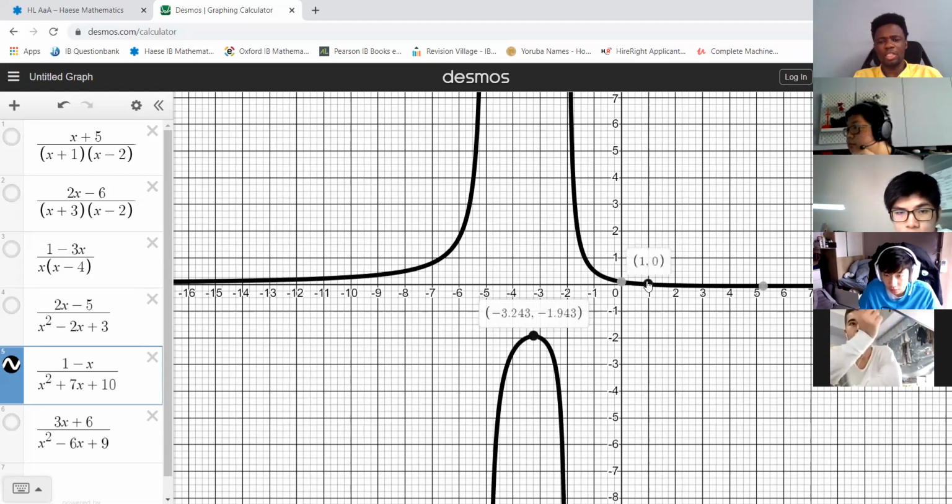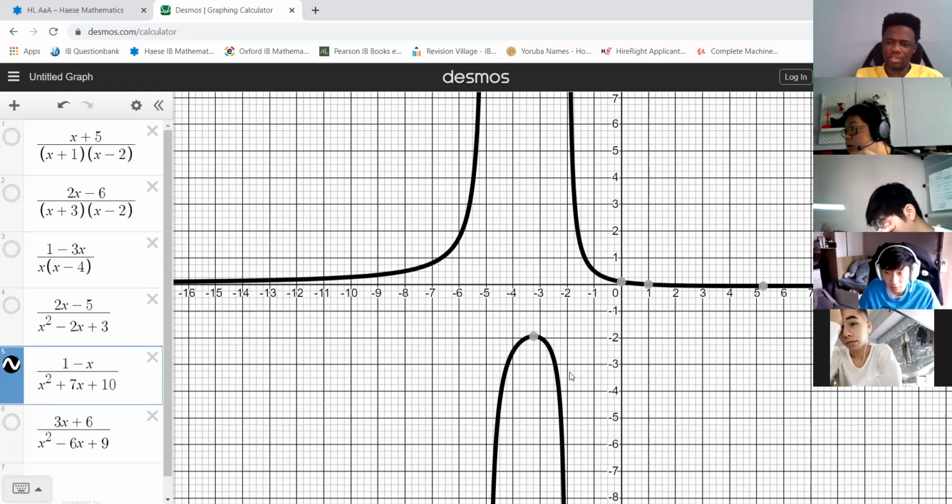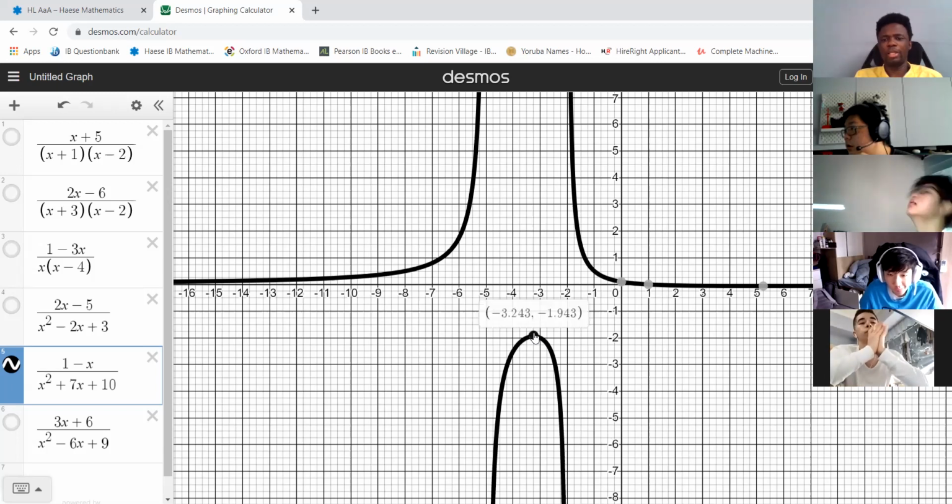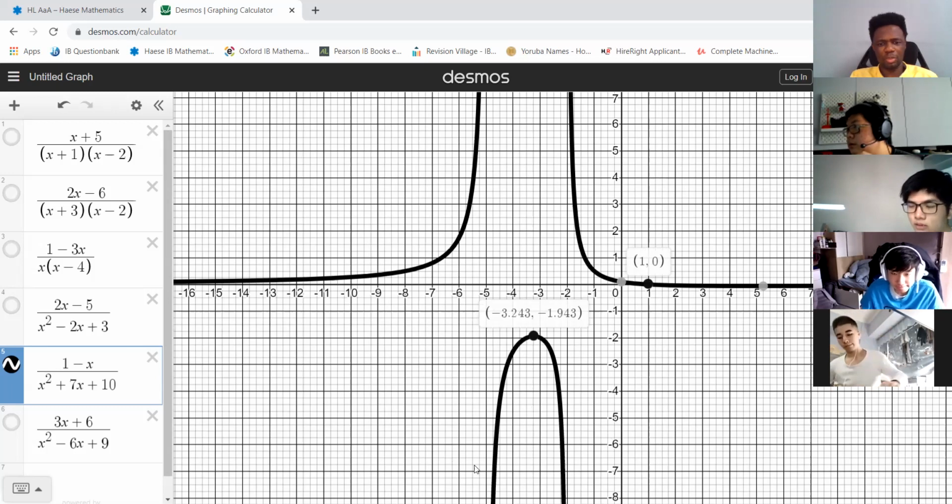It crosses 0 and goes back, but it's not including that. Okay. So the range will be R except the open interval from 0 to that. Or we could say from -infinity up to that value, including 0, to +infinity. Something like that. Understand? And the vertical asymptotes are obvious: x equals -5 and x equals -2.